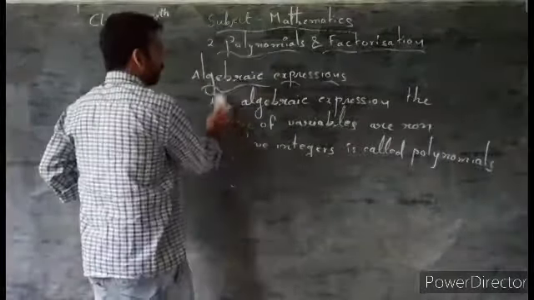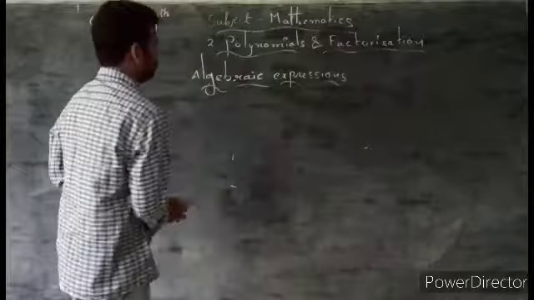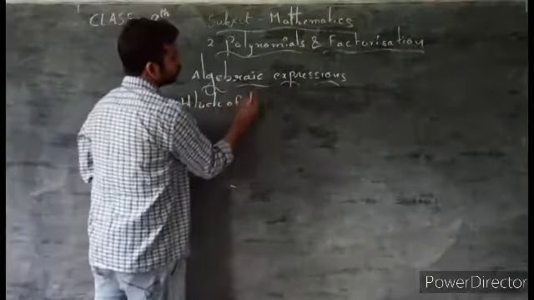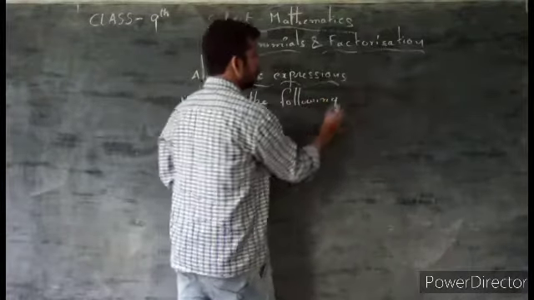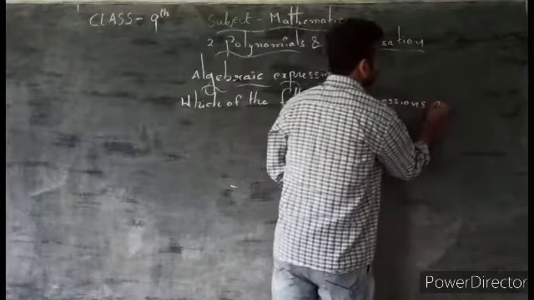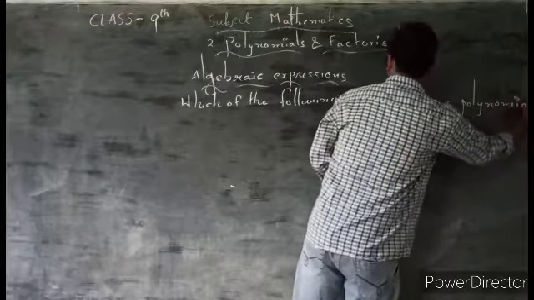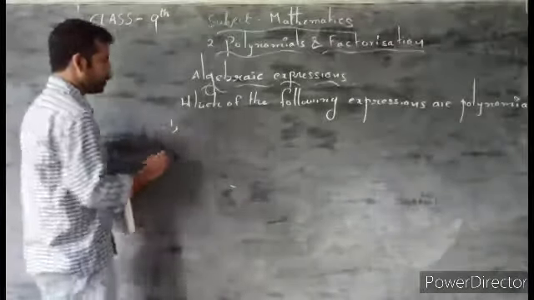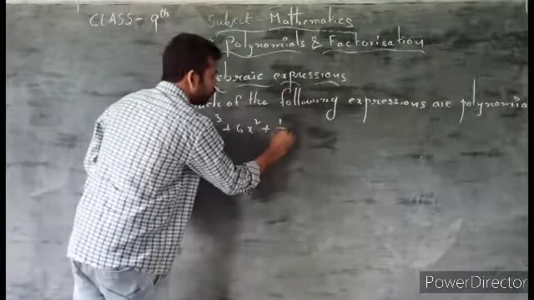Next, which of the following expressions are polynomials? First equation is 5x cube plus 6x square plus 1 by x.